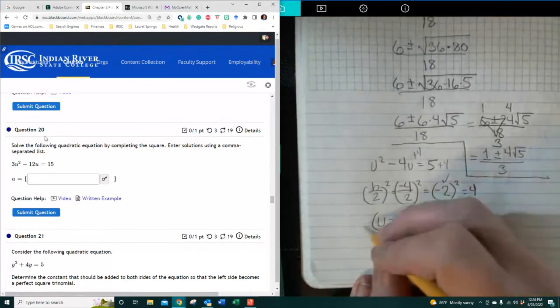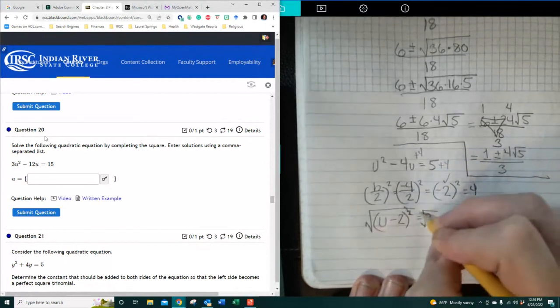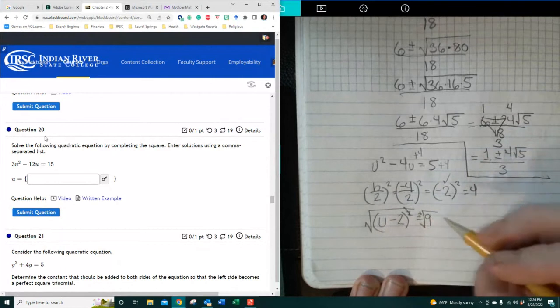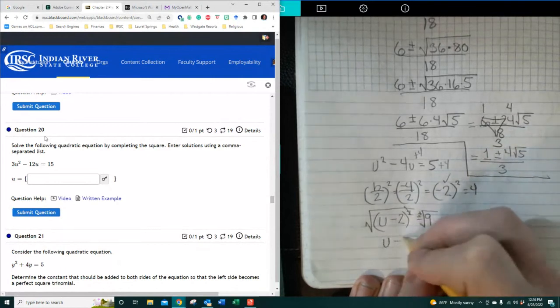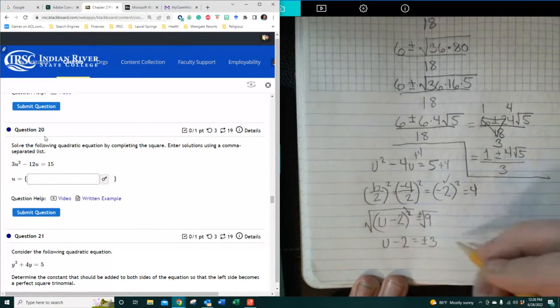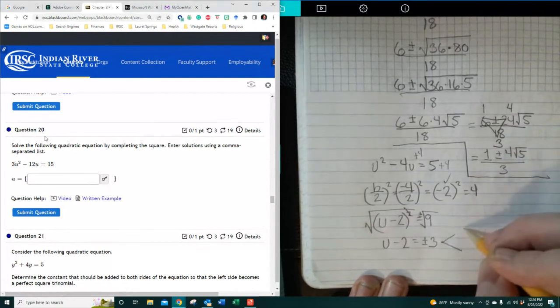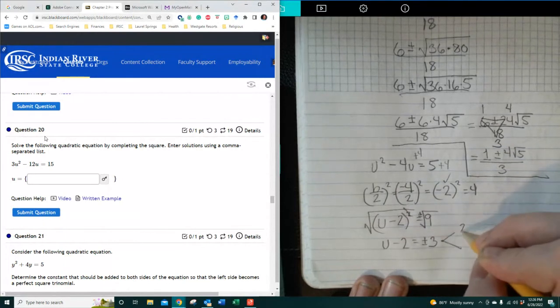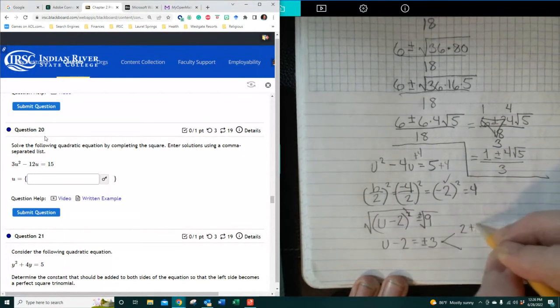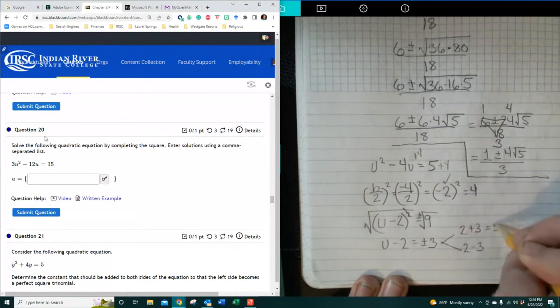That's how that works. And then you take the square root of both sides. That's plus or minus. And we get this. And then we make two problems. U equals 2 plus 3 and 2 minus 3, or simply 5 and -1.